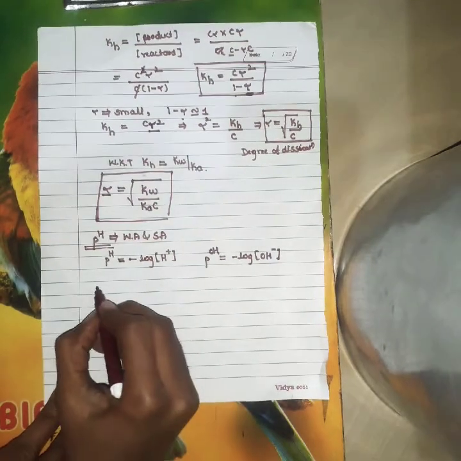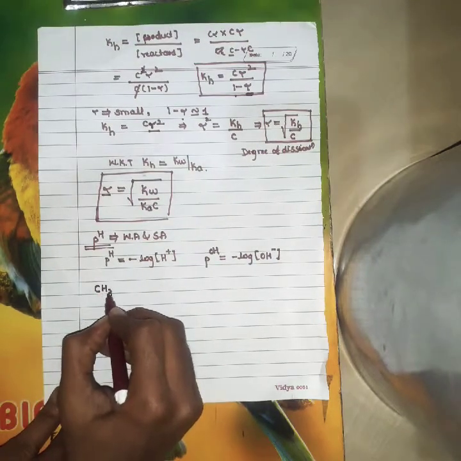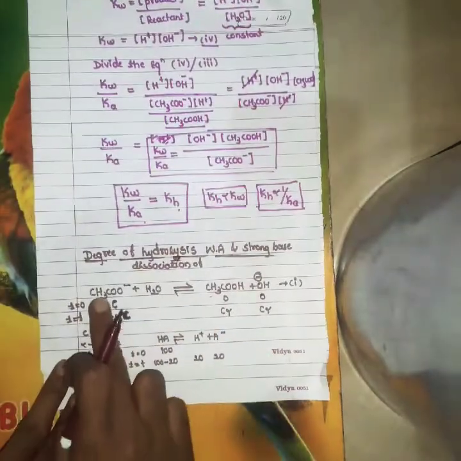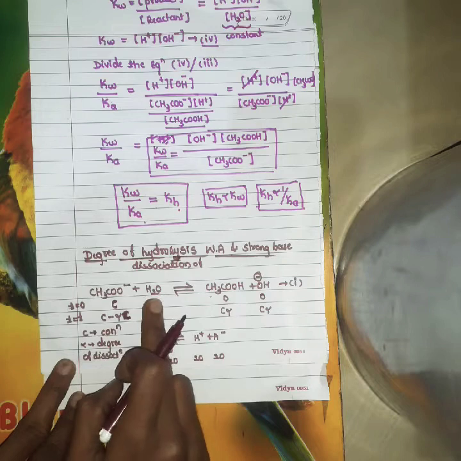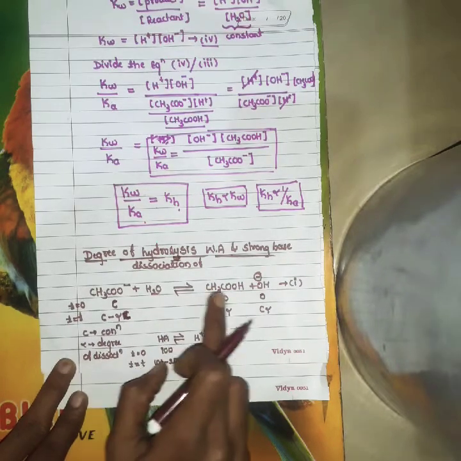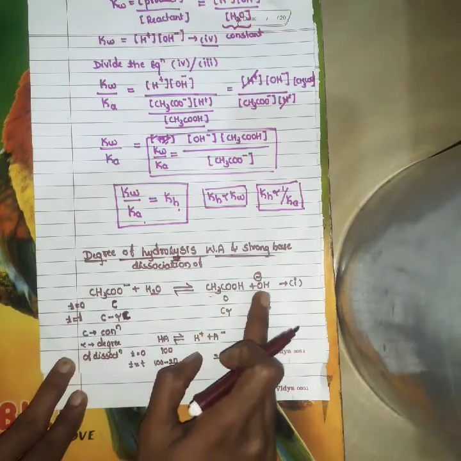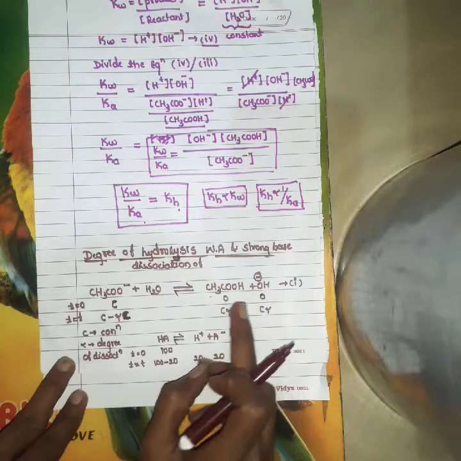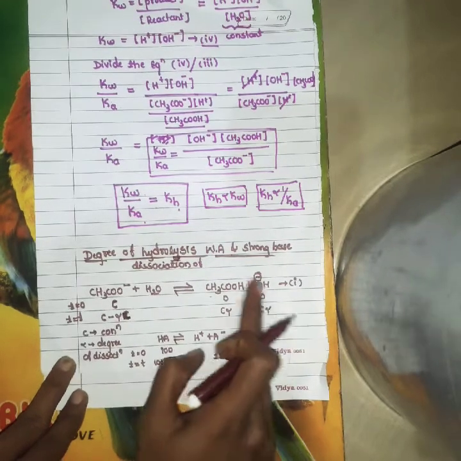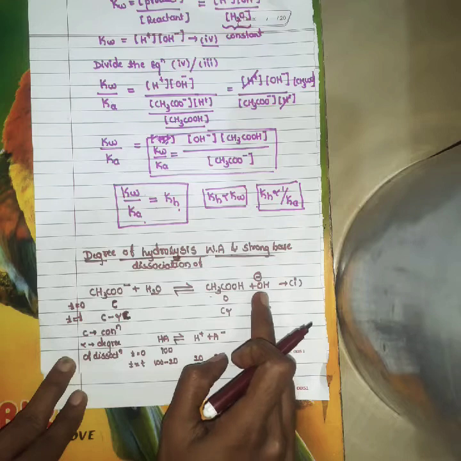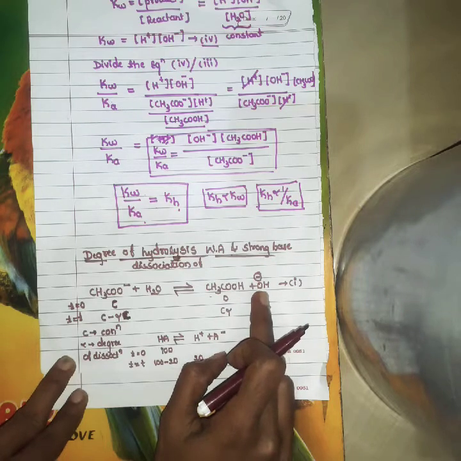Consider the last equation: CH3COO minus plus H2O, which is in equilibrium with acetic acid plus OH minus. We want to calculate the concentration of H plus, but in our equation there is the presence of OH minus ion.